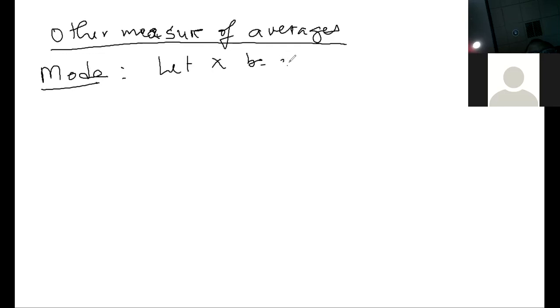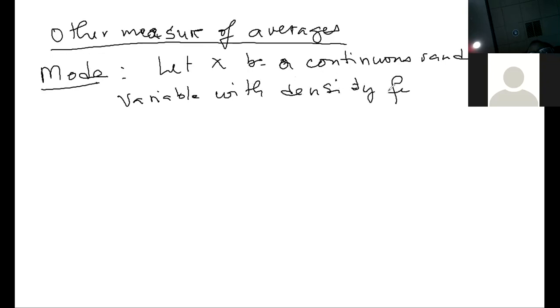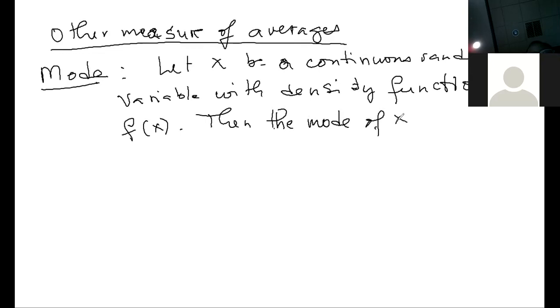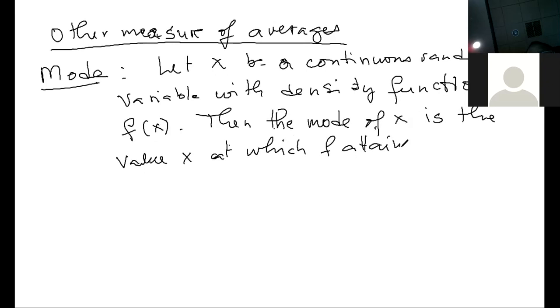Let X be a continuous random variable with density function f of x, and the mode of x is the value x at which f attains its absolute maximum.